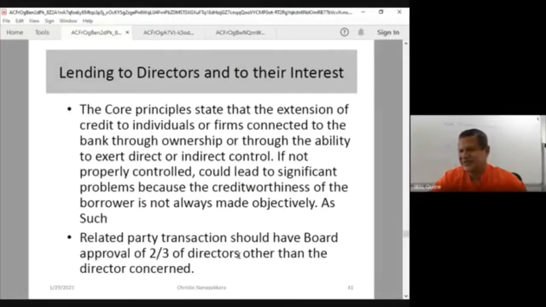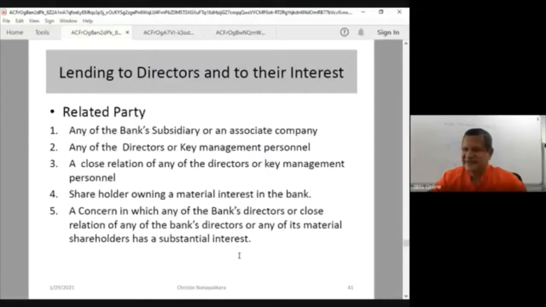That means 2/3 of directors must approve this facility. The director concerned, whose company's facility is being approved, needs to be out of the board at the time the facility is approved. So you see, very strict regulations the central bank has applied.